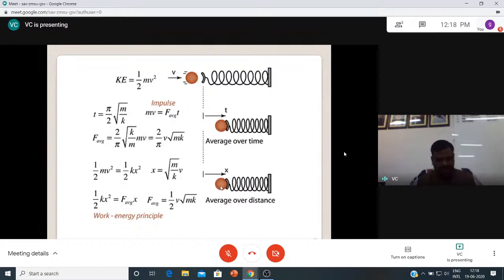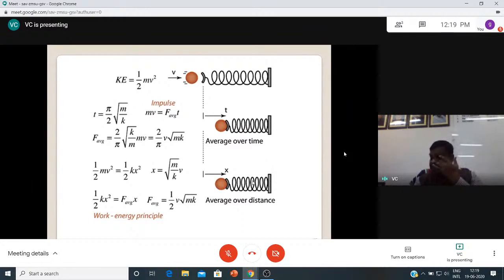Or if there is a spring, the energy lost by this weight is equal to the energy gained by the spring. In the elastic region, even if you remove the load, it regains its original shape. That is why if you draw force versus displacement, or stress versus strain, we get the strain energy stored in the system.